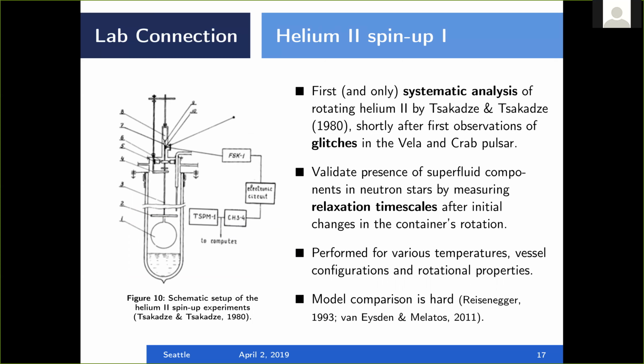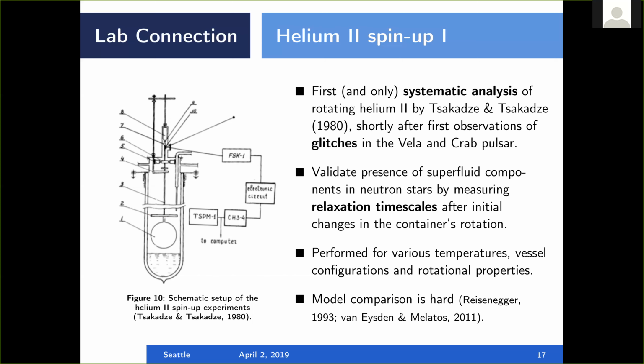They tried to figure out if these long relaxation timescales after the glitch can be associated with a superfluid component. So they built something really simple. Well, it was 50 years ago.